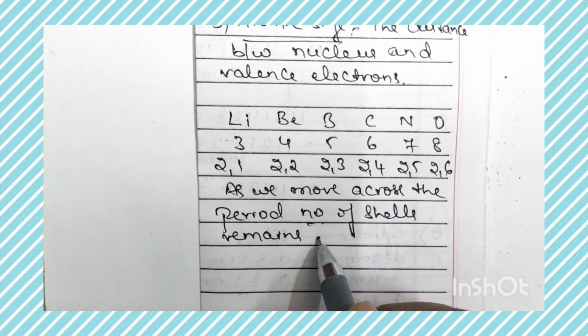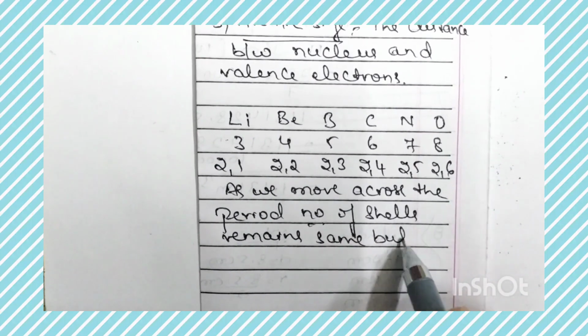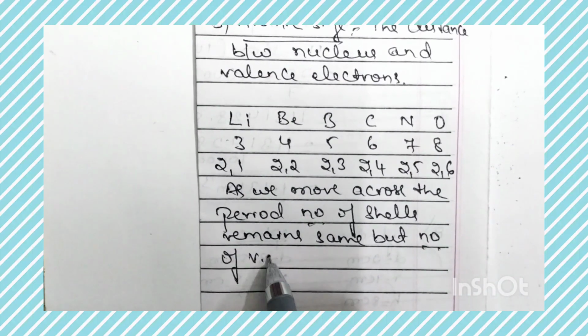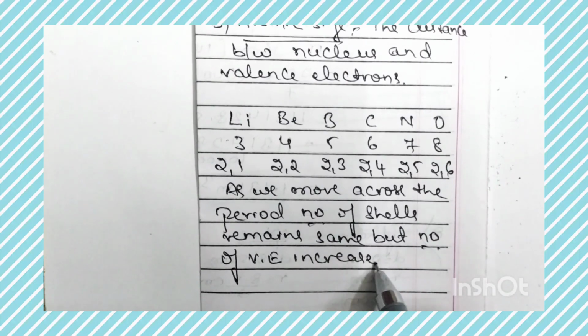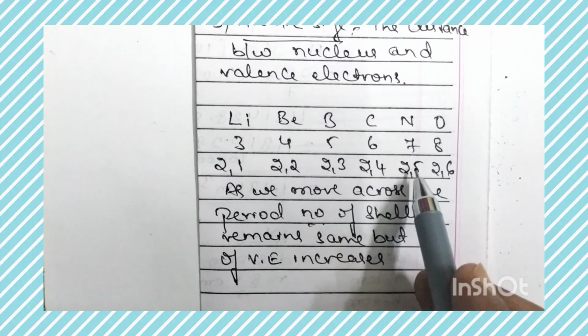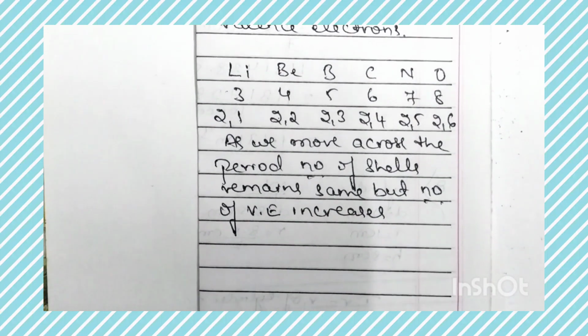So number of shells remains same, but number of valence electrons increases. ನೋಡಿ valence electron 1, il 2, il 3, il 4, il 5, il 6. That means number of valence electron increases.